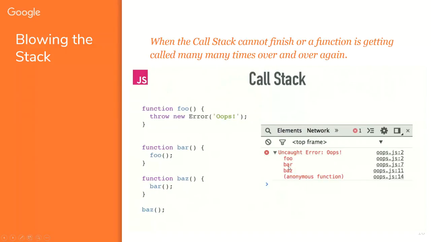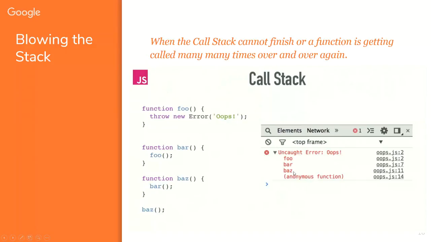This is the state of the call stack when the error occurs. So firstly, we put the baz function here, first and foremost. Notice here we have an anonymous function. This is the main function that runs all the time, that calls your code.